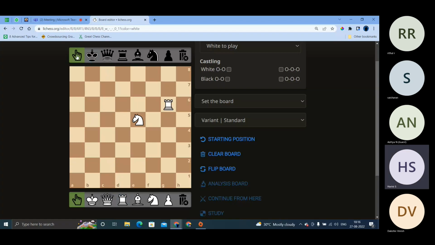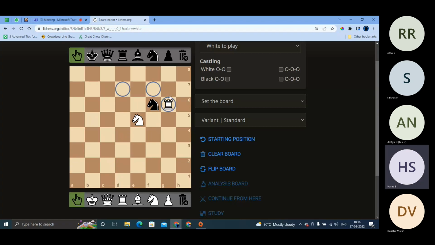The knight is the only piece which can jump. So if there is a piece here, he can still support this piece. He can still go here. From here, he can still go here. See, 1, 2 in the same direction, and he can land here. So the knight is the only piece which will jump over other pieces. Knights only control those squares where they land.